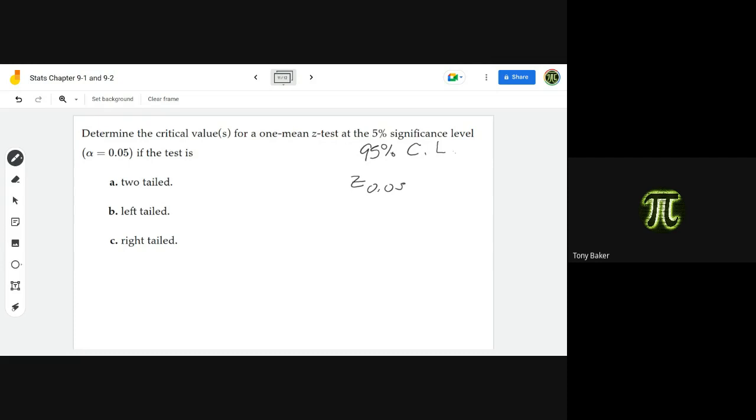Sorry, 0.25. What was it? Wait, that's for 99. 1.96. That's right. So it's plus or minus 1.96. And that means we have it both sides. Okay.